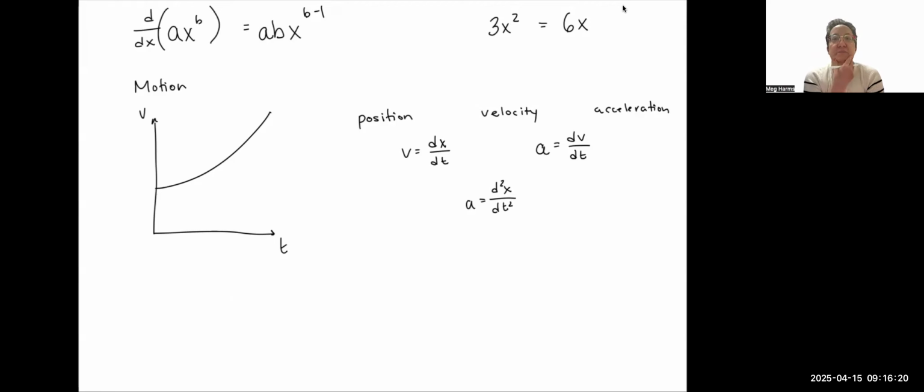But I think there's some other places that people get surprised by derivatives popping up, because truly, what is a derivative except for like fancy division, right? We're just looking at the difference in one thing divided by the difference in another.